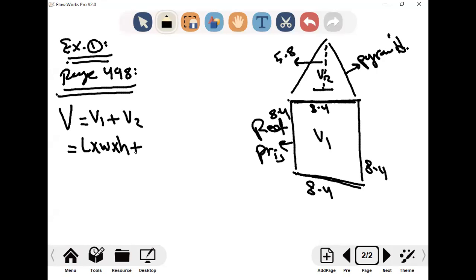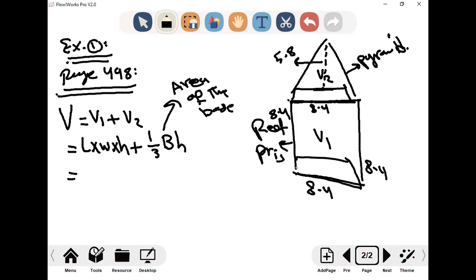V2 is the pyramid, 1 over 3 big B H. The big B is the area of the base of the pyramid, and its base is the same as this one. So let's find: length 8.4, width 8.4, height, plus 1 over 3 multiplied by the big B, H.